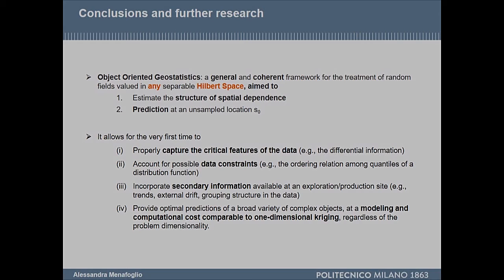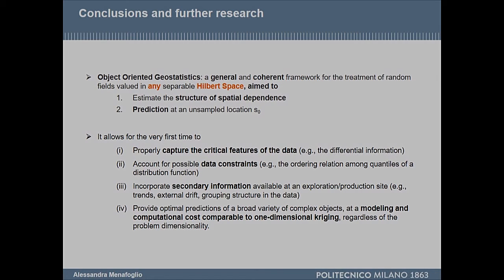Now, to conclude, in this project, we have introduced object-oriented geostatistics. It can be applied in any Hilbert space. It allowed us to estimate the structural spatial dependence and to make predictions. For the very first time, it allowed us to properly capture all the critical features of the data, to account for possible data constraints, as I showed you in the case study on particle size data.